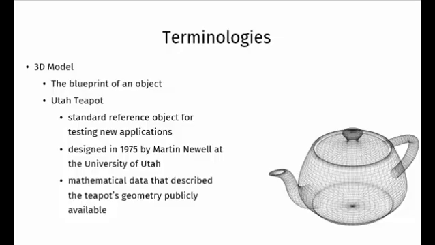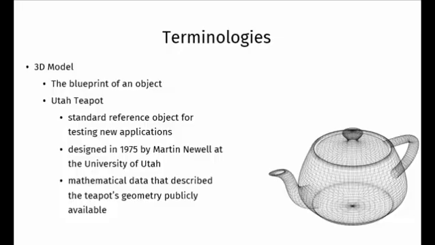A famous example is the Utah teapot. You might wonder why a teapot. It was created in 1975 by Martin Newell at the University of Utah and became a standard reference object in computer graphics because its mathematical description of the shape was made publicly available.